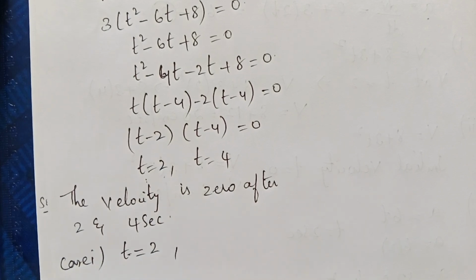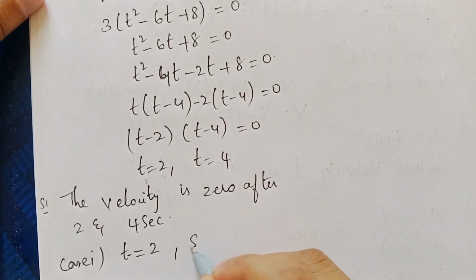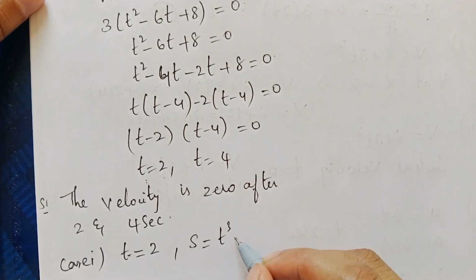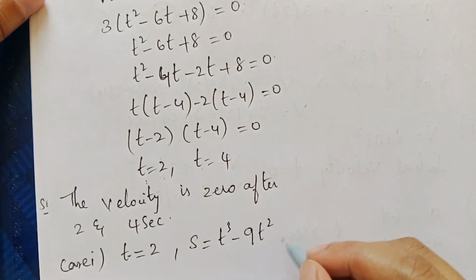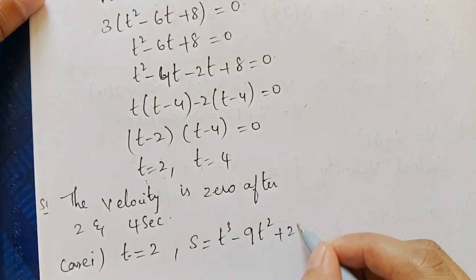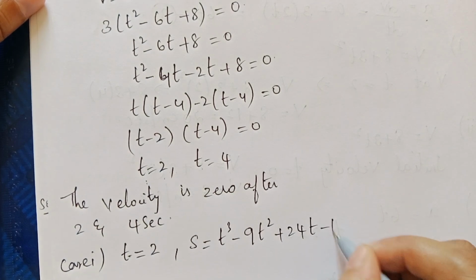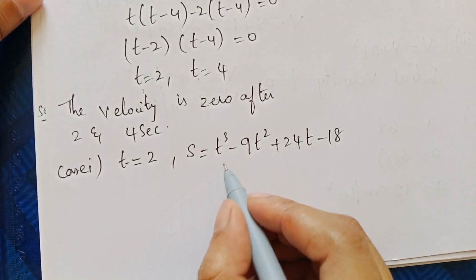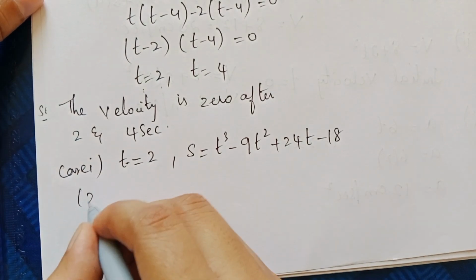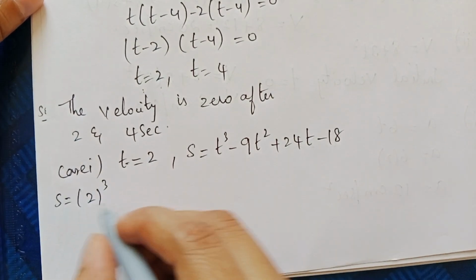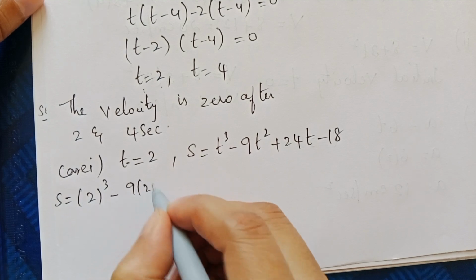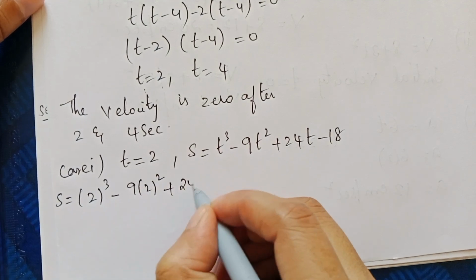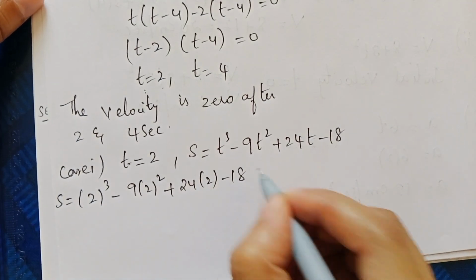So we should find the equation of it. s is equal to t cube minus 9t square plus 24t minus 18. Now substitute t as 2. So it will be 2 cube minus 9 into 2 square plus 24 into 2 minus 18.